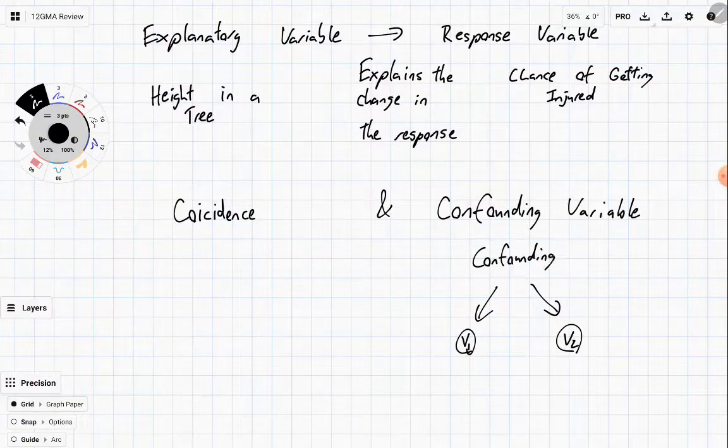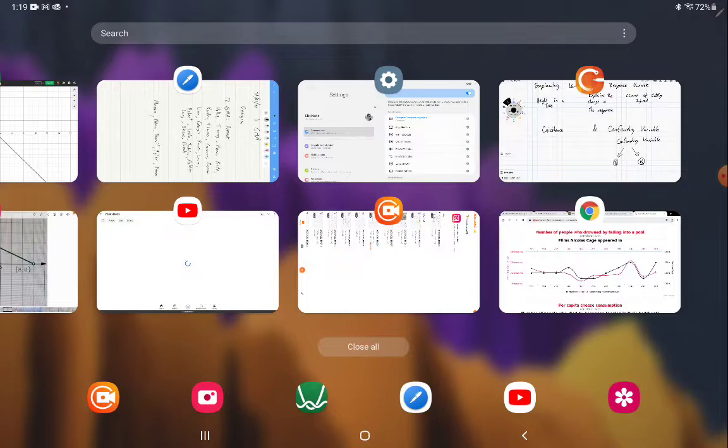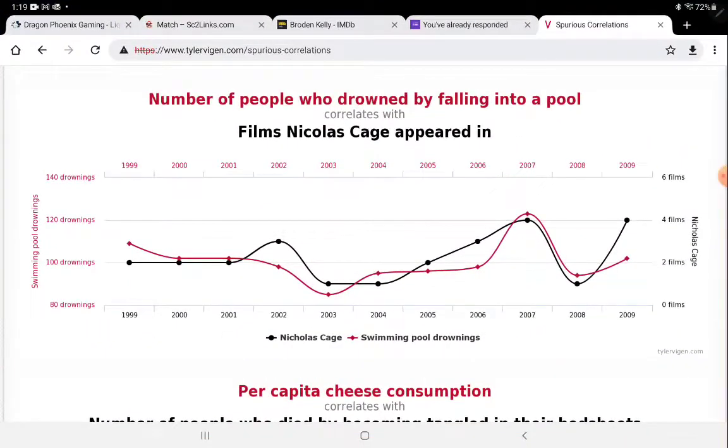So it's a variable that affects both of the variables we're interested in. If I go back to the Nicolas Cage example for a second, this is probably just coincidence. But there are options where sometimes it could be confounding.